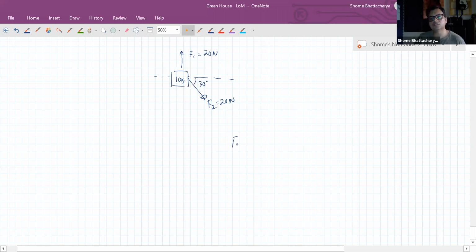So the net force is the vector sum of F1 and F2. So the magnitude of the net force will become mod of F1 plus F2. So you can see that F1 and F2 are like this. The angle between them is 120 degrees, and each of them is of 20 newtons magnitude.